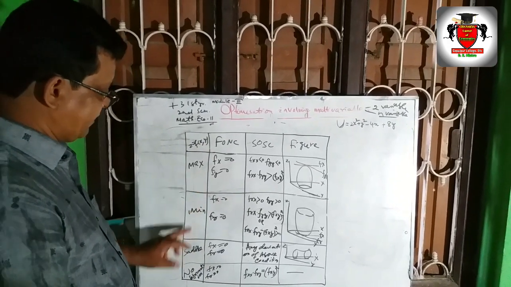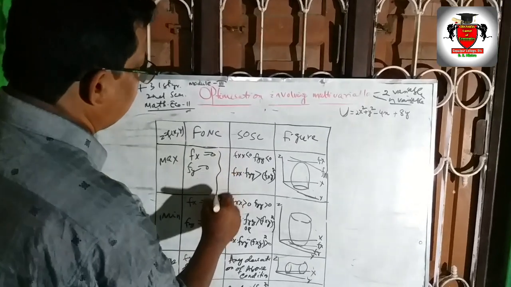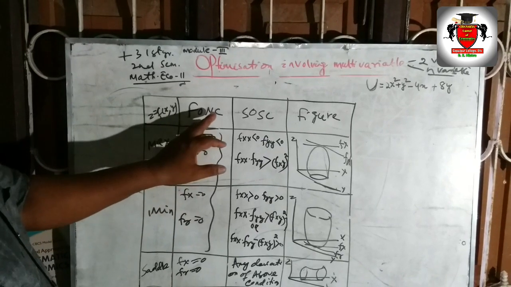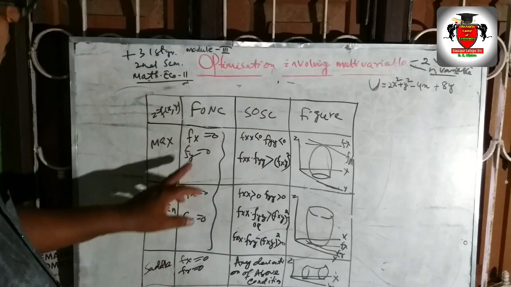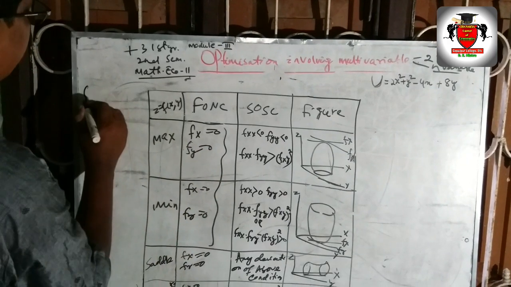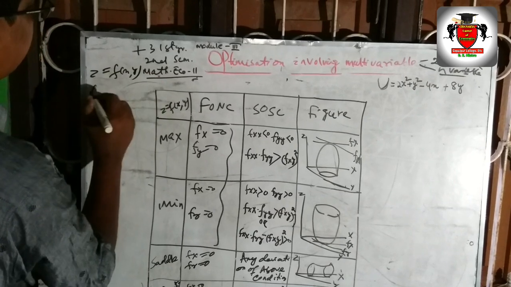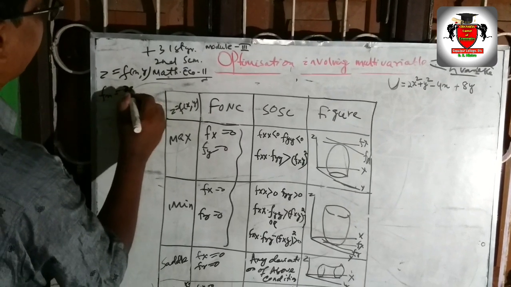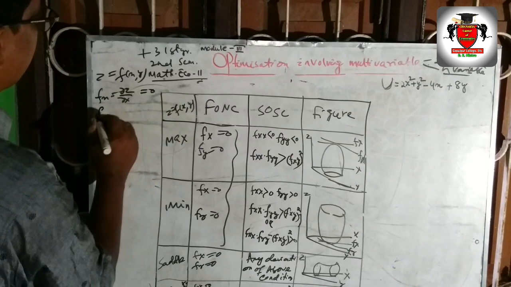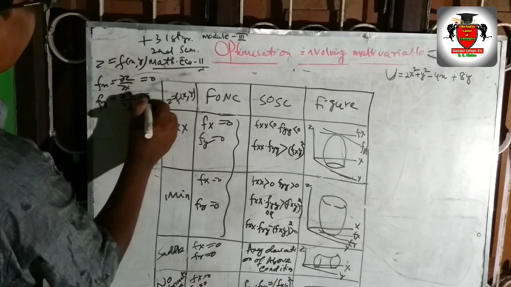For maximum, minimum and inflection or saddle point, all these things can be known by the first order necessary and second order sufficient conditions. First order condition: fx equal to 0. As you know, z equal to function of x, y means fx equals del z by del x, and this should be equal to 0. fy is again del z by del y, and it should again be 0.